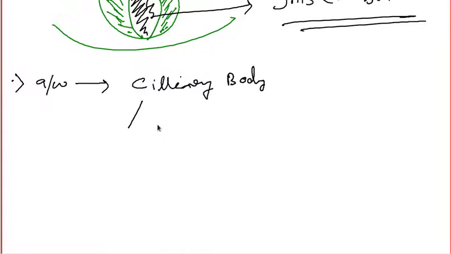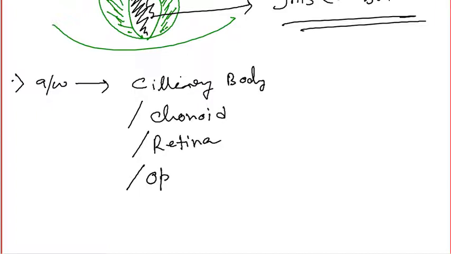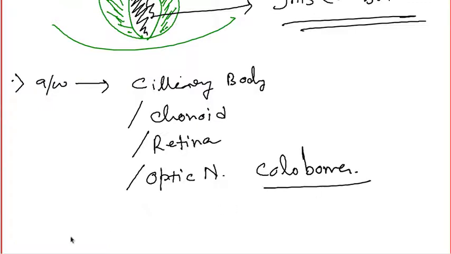or choroid or retina or optic nerve colobomas. It is usually bilateral.